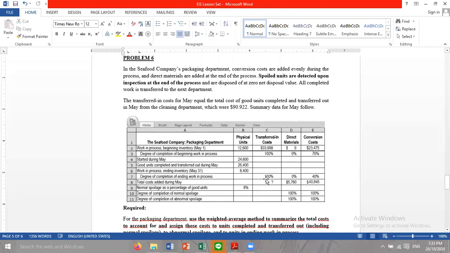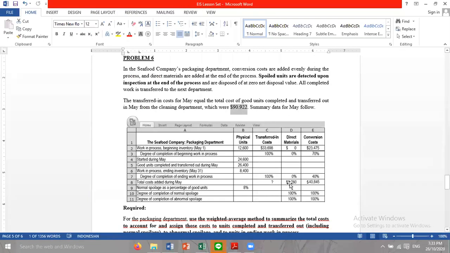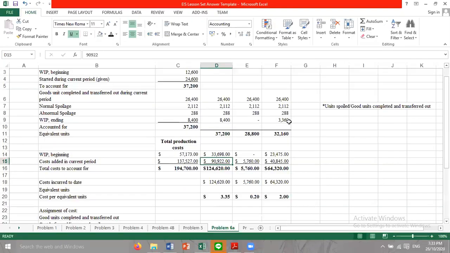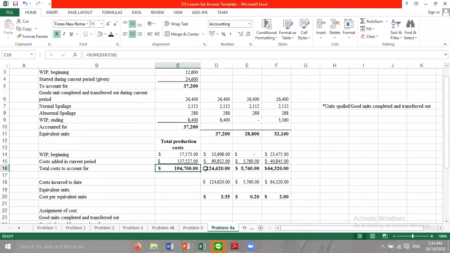Where is it? It's here. There we go. 90,922 for transferred in costs, and then 5,760 for direct materials, and then conversion cost of 4,845. Then we add them all to get the total cost to account for.